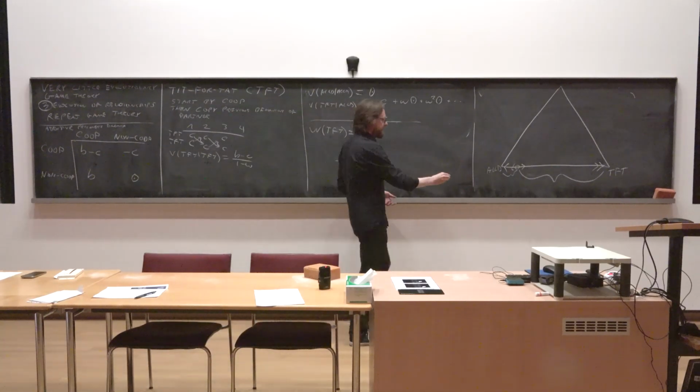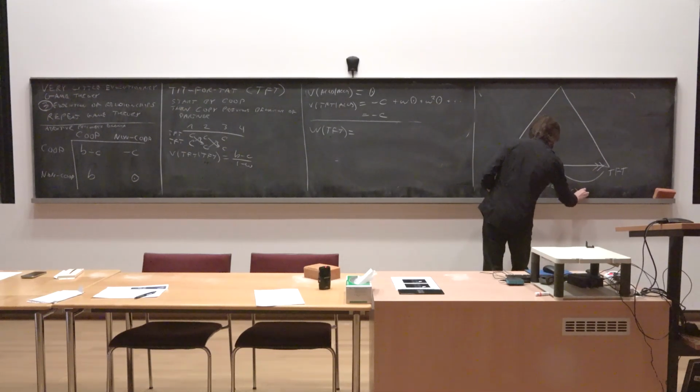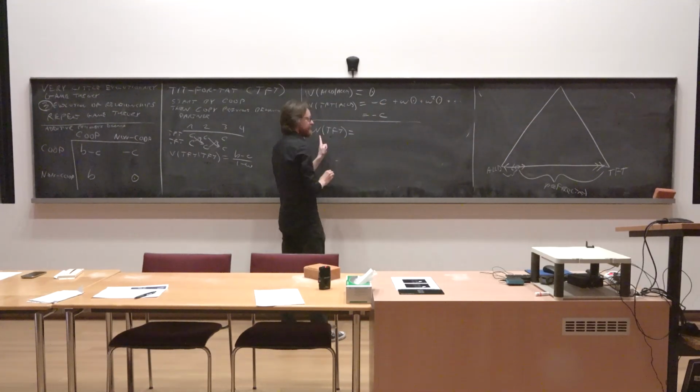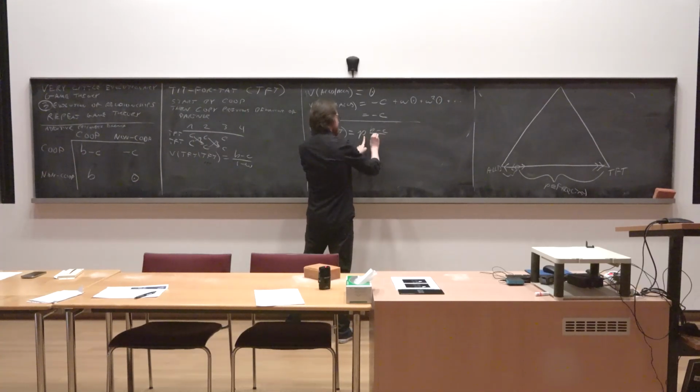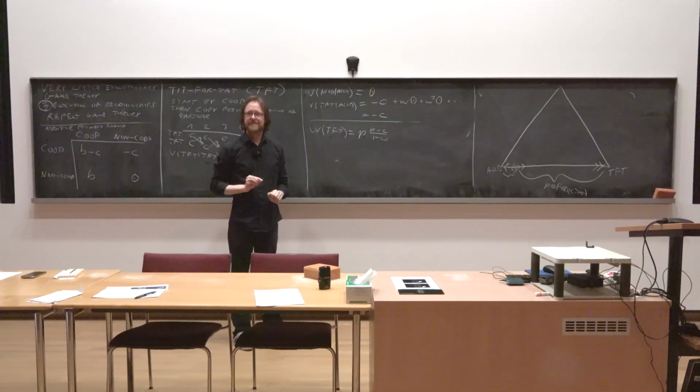Let P be the frequency of tit for tat in the population, and then in a population with only all D and tit for tat, the expected fitness of tit for tat is the probability it interacts with another tit for tat times the payoff it gets by interacting with another tit for tat.